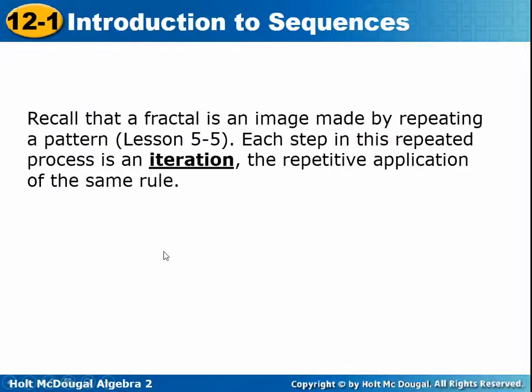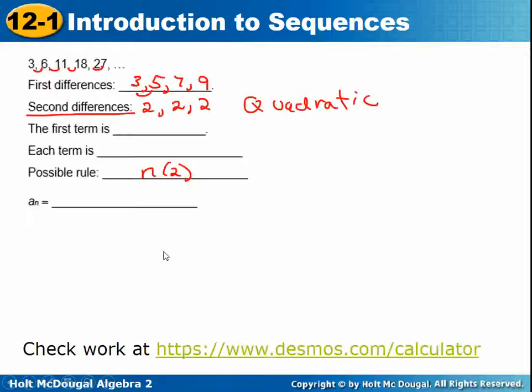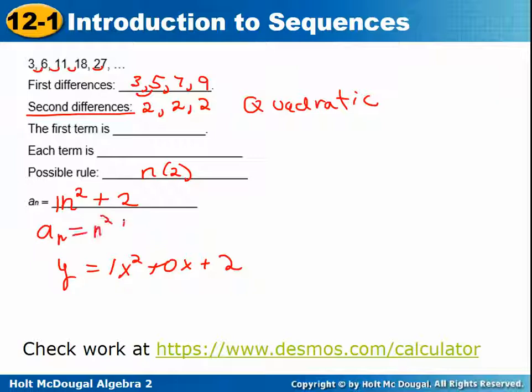It was y equals 1x squared plus 0x plus 2. But we're going to change this to 1n squared plus, we don't need 0n, plus 2. So let's check this. Does a sub n equals n squared plus 2 work?